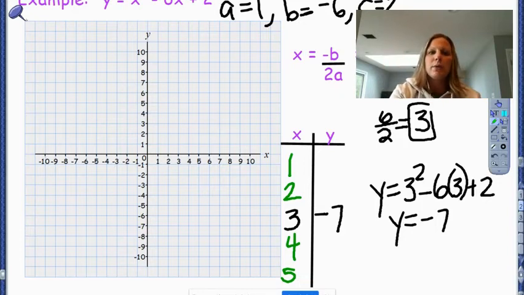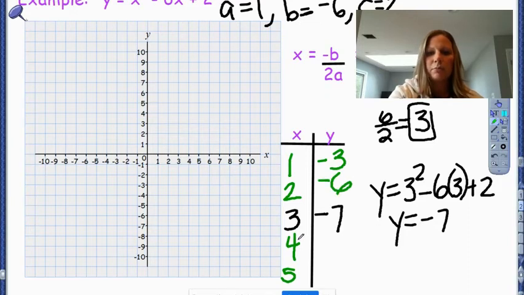So 1 squared minus 6 times 1 plus 2 is -3. 2 squared minus 6 times 2, plus 2 is -6.